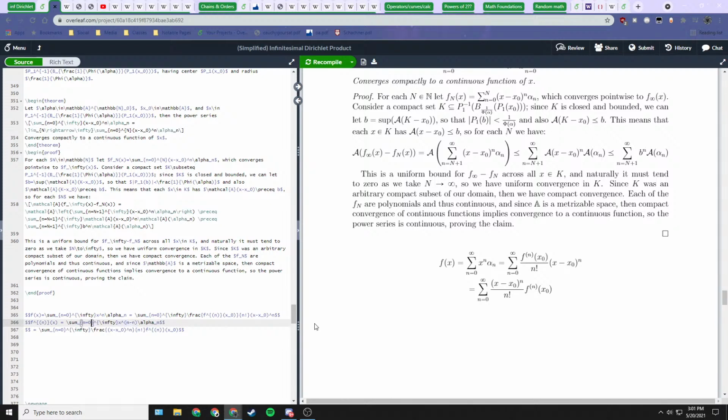So whatever this product is, it'll be m times m minus 1 times m minus 2, and so on, all the way down to m minus n plus 1.